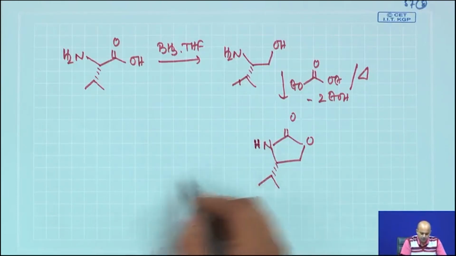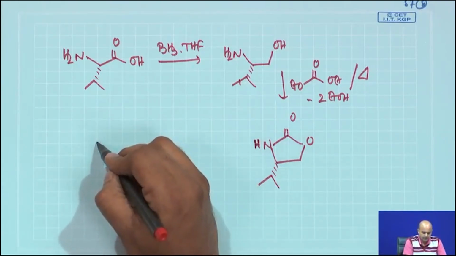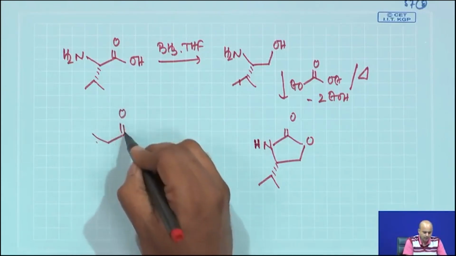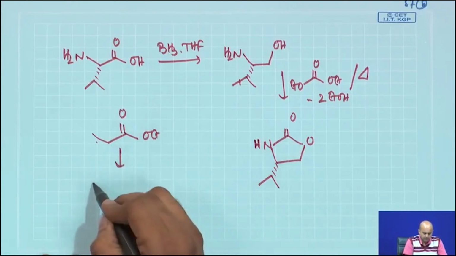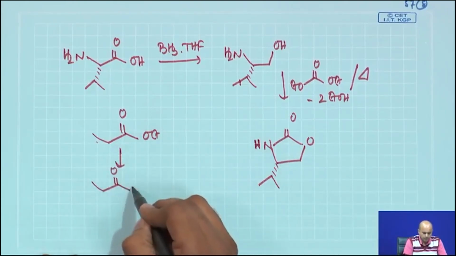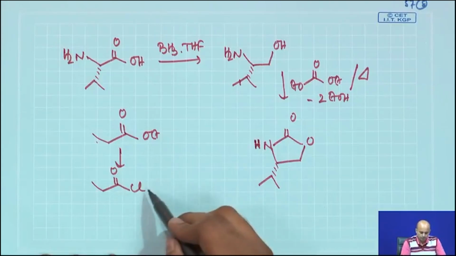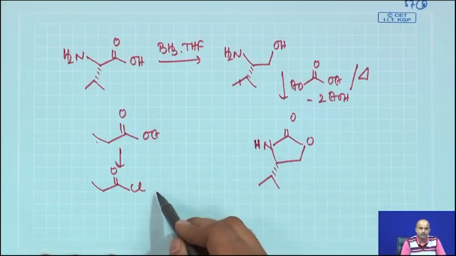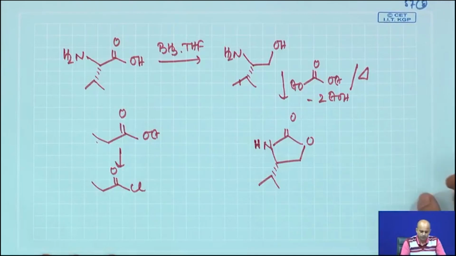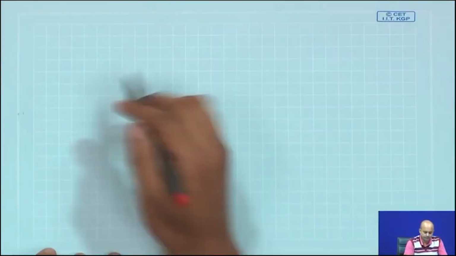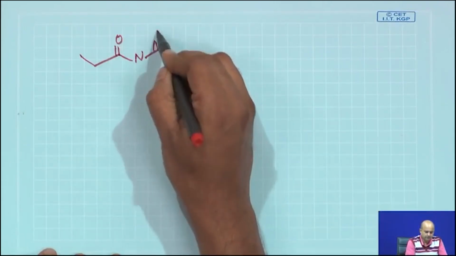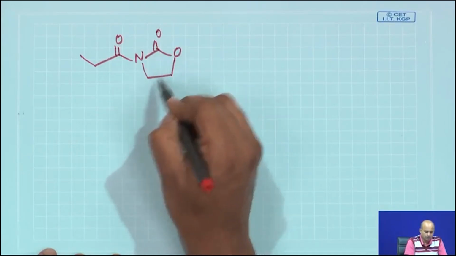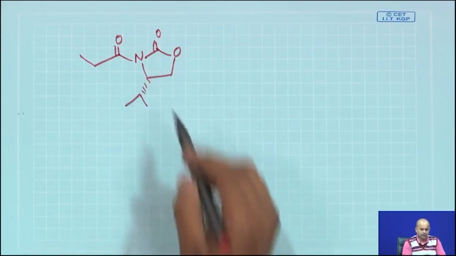The oxazolidinone is a cyclic structure, and the covalent attachment will now be possible through this amide nitrogen. I have given you a propionate. This propionate you can easily convert to the corresponding propionyl chloride. Now, chloride and amine can easily be coupled. Once you couple this chloride and amine in the presence of a base, you get this acyl oxazolidinone.